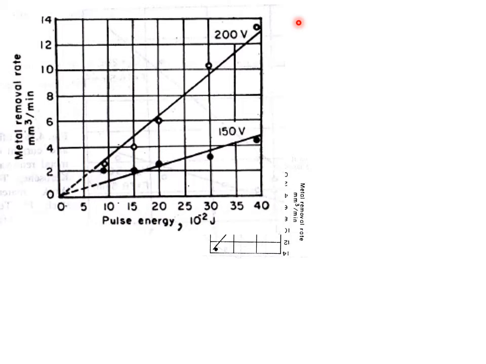It is nothing but the energy which is available for the replacement of material from the surface of the workpiece, or melting of the material, for transferring kinetic energy into thermal energy.